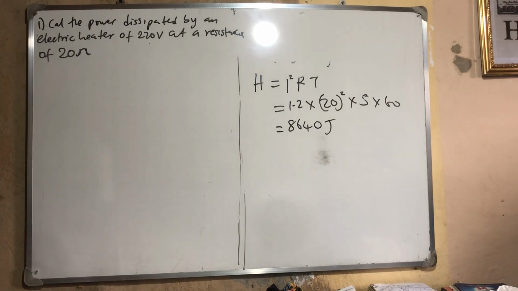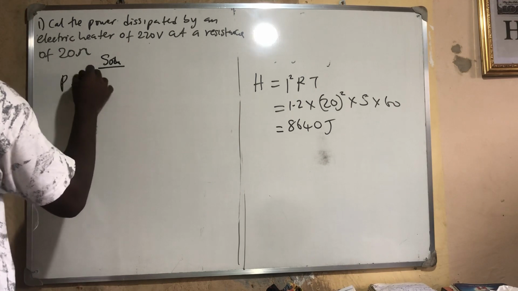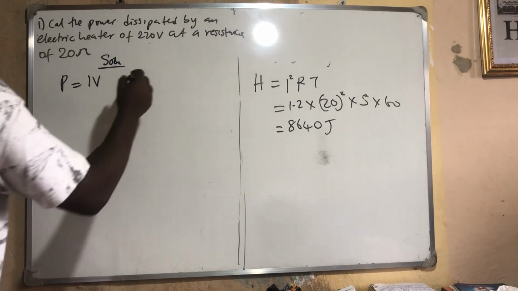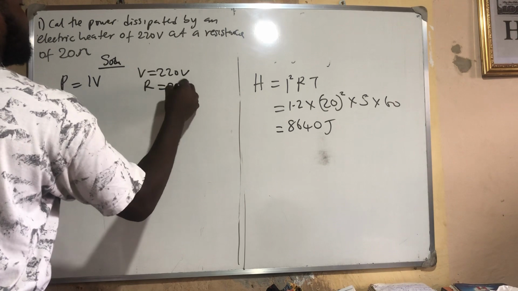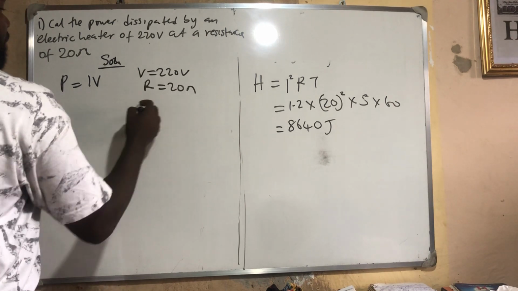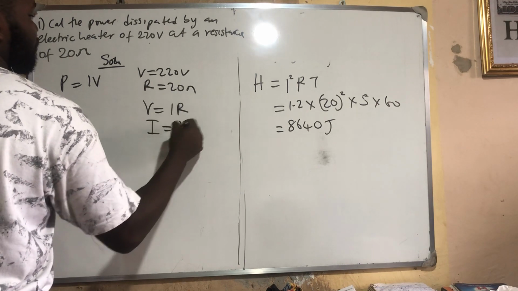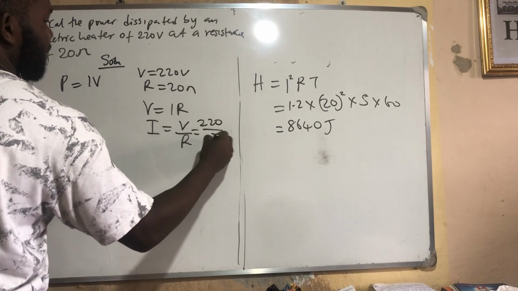So this is very simple. Just know that power is equal to IV. But here I don't have my current. I have my voltage as 220 volts and my R as 20 ohms. They didn't give me I, but I know that V is equal to IR, so I is equal to V over R, which is 220 divided by 20.